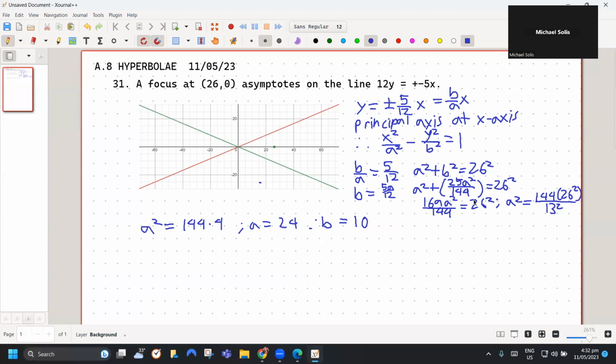So kung ganyan, ano yung magiging equation natin for A? So okay, A squared plus B squared equals C squared pa rin. Pero wala na yung value ng A. Ang gusto natin gawin ay express A and B in terms of C.